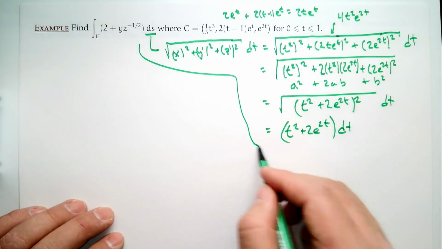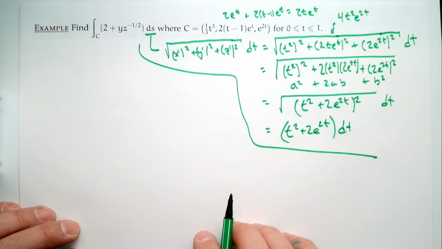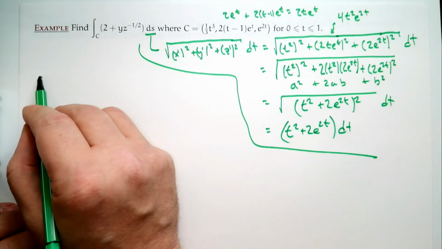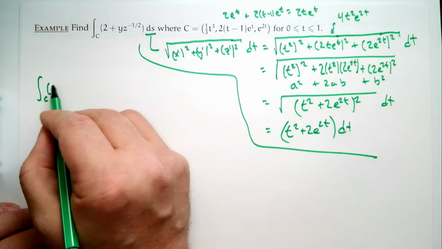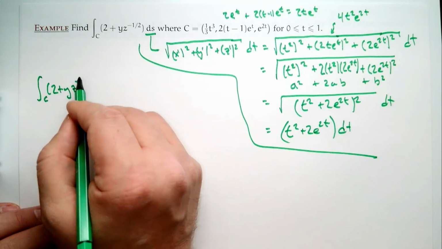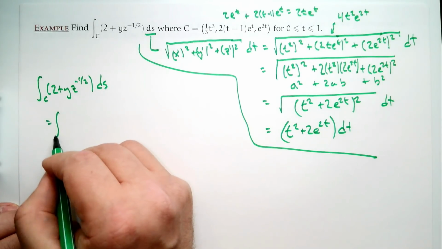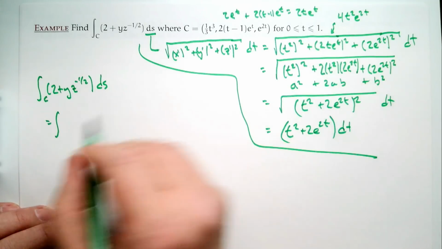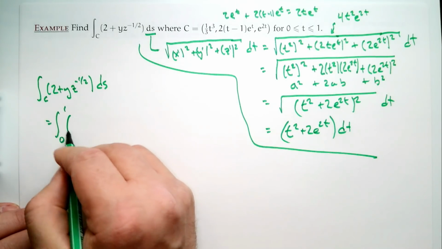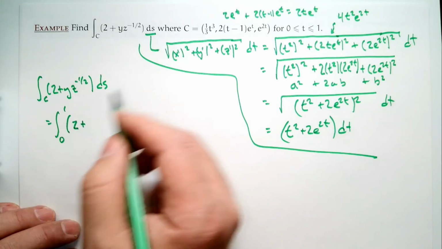Good. So how do we find our integral? Well, the integral becomes the following. We take our original expression, and after we found the ds, now we put everything in terms of t. So we go from our bounds, 0 to 1, and everything gets rewritten. So the 2 is just 2.